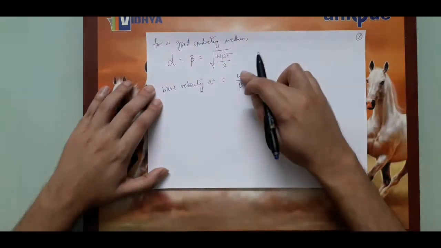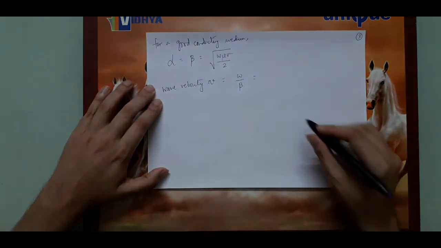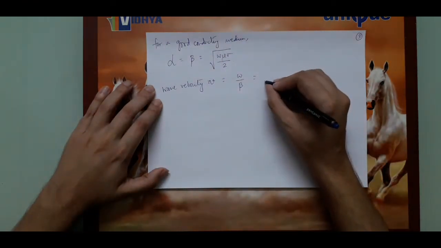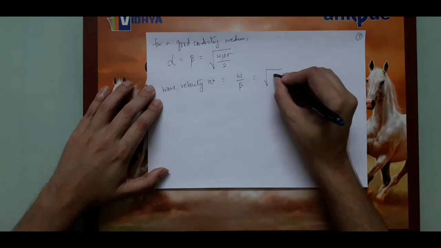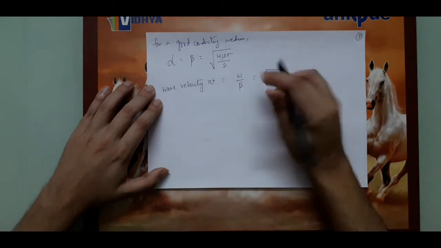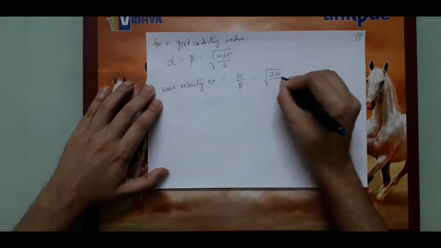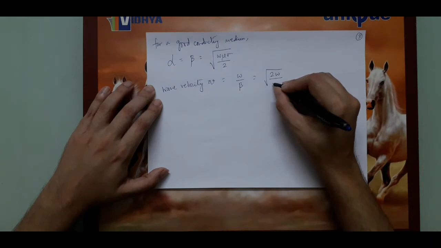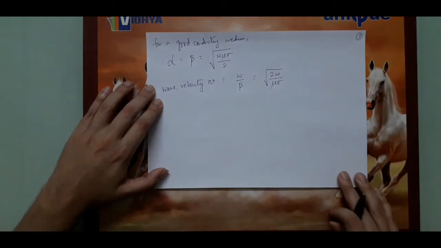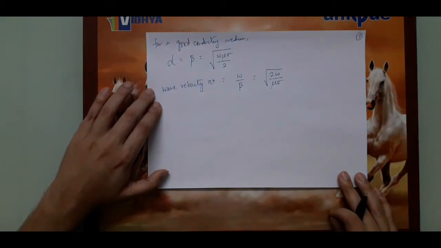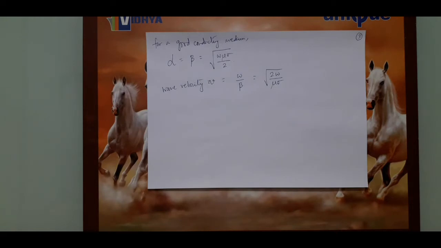So if you just divide omega by this quantity, the 2 will go up, so you will get the square root of 2 omega divided by mu sigma. This is the wave velocity. So immediately, what can we see?